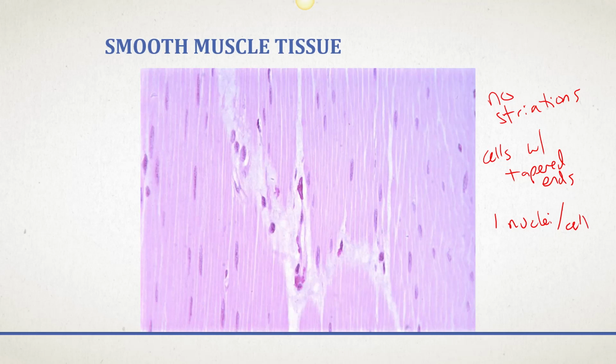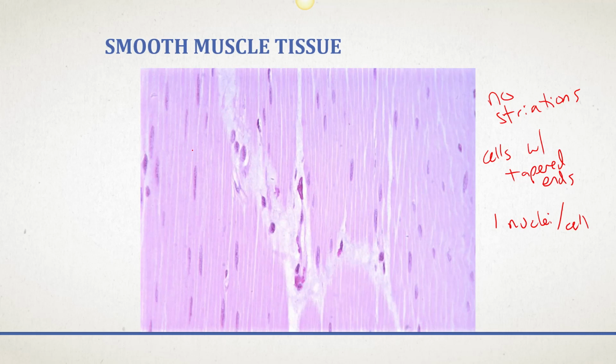Smooth muscle, although it does contract, contracts in a different way. It contracts in more of a circular pattern, and that allows the smooth muscle that lines your blood vessels to help regulate your blood pressure. So if we narrow or contract the smooth muscle, it's going to narrow that opening, which increases the pressure inside.